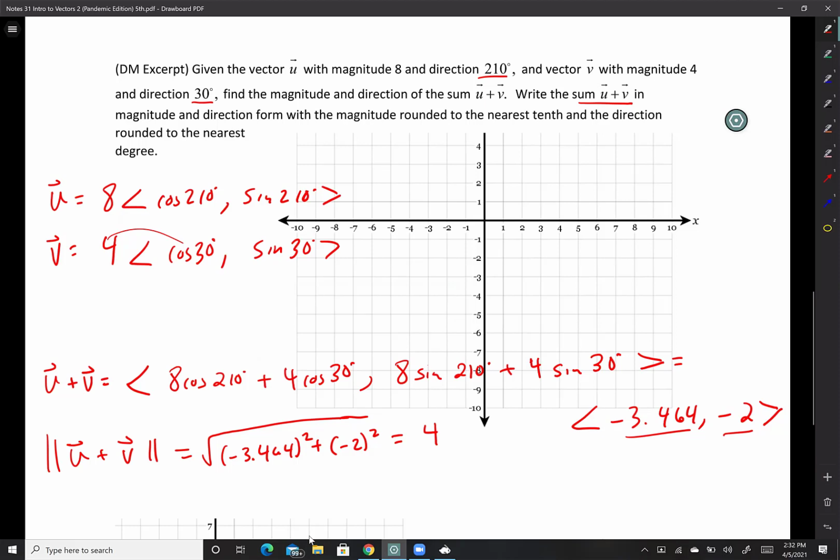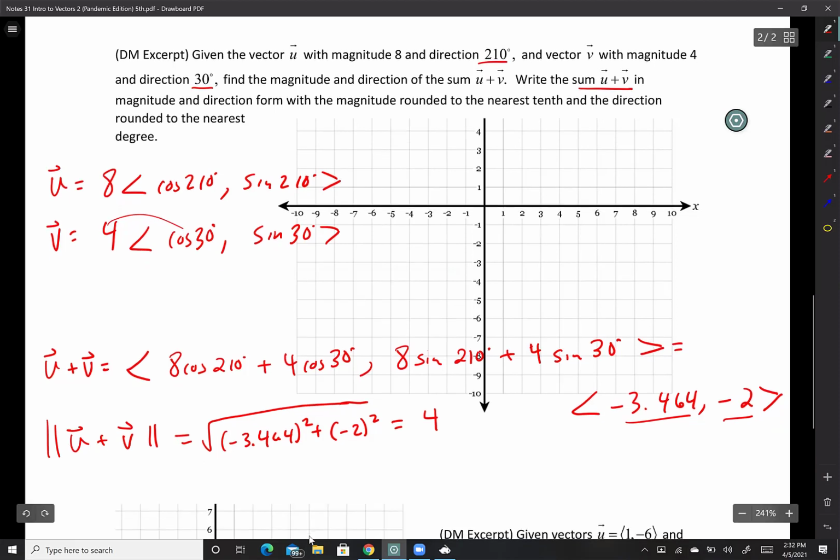So here we go. Because we're in quadrant 3, here's what you're going to do. You're going to go arctan, and you're going to go B over A, the Y component over the X component. And whatever I get, I'm going to add 180 to it, because negative divided by negative is a positive. It's going to give me an angle in quadrant 1. So here we go.